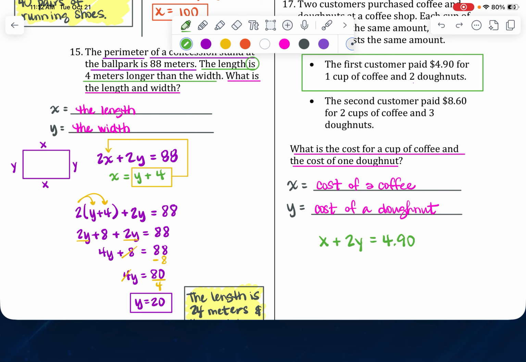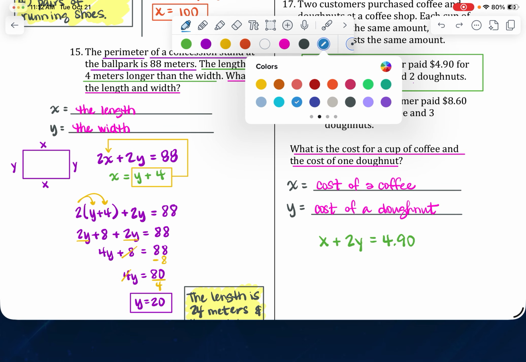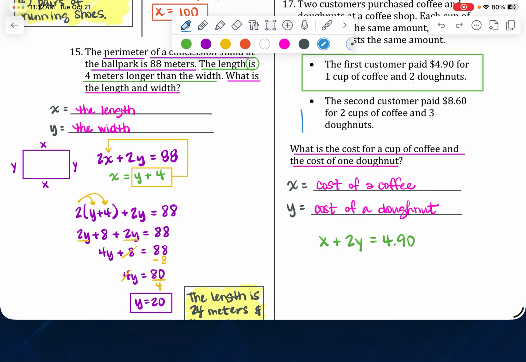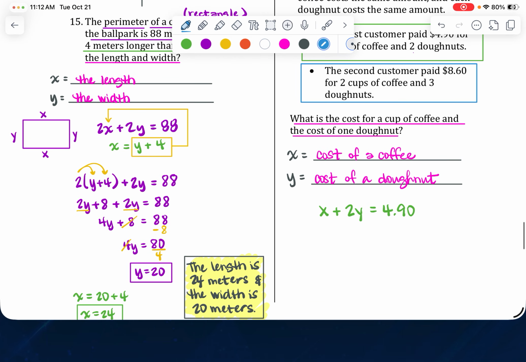And then, let me go to a different, I'm gonna do blue. I'm gonna go to my second bullet point. So the second customer got 2 cups of coffee, so 2x, and 3 donuts, so 3y, and they spent $8.60. So there's our system.